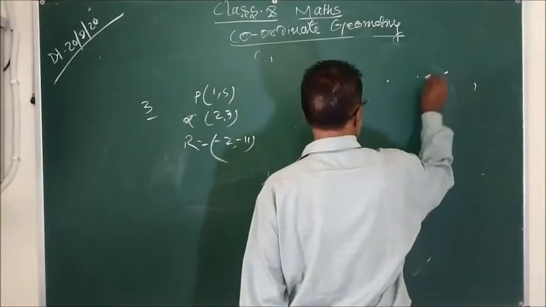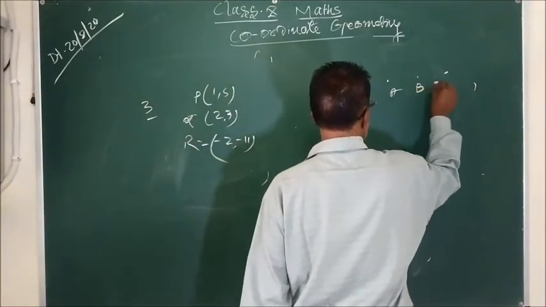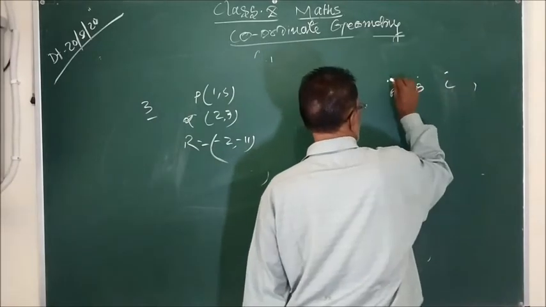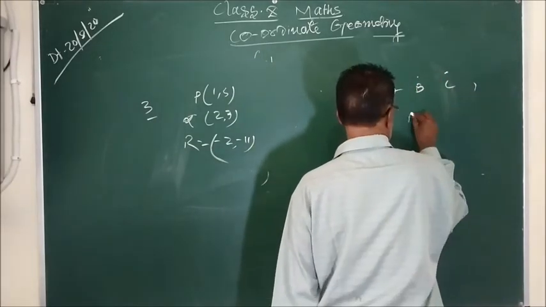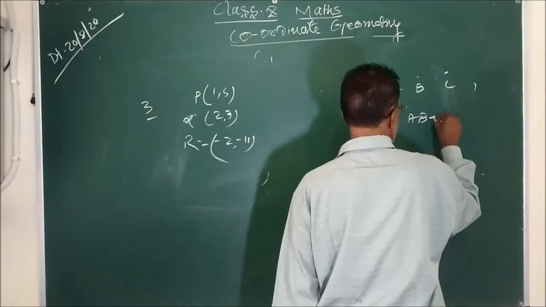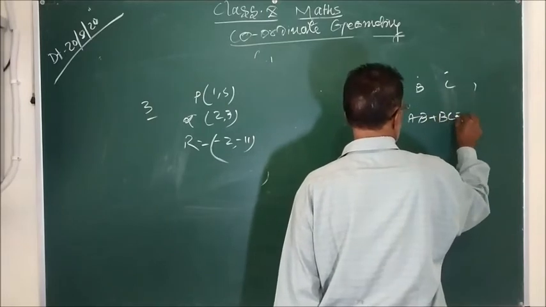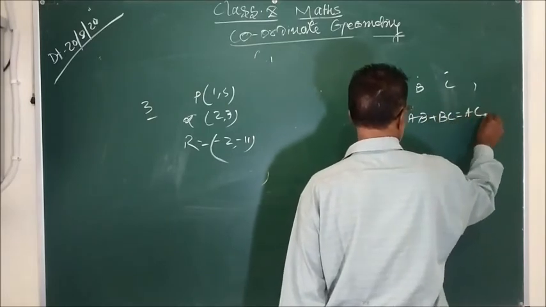For the points, if they are collinear, then the sum of the distances AB plus BC should be equal to AC.